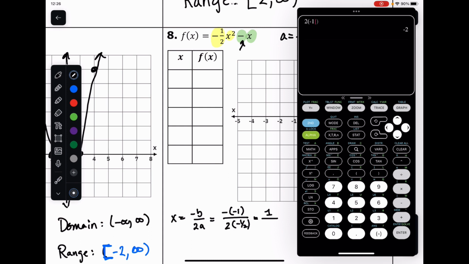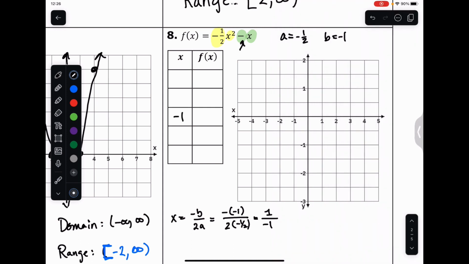And to put it over 2, we use the division symbol to get the fraction bar that's slanted over 2. And that equals negative 1. And positive 1 divided by negative 1 is negative 1. So that's the center of our parabola. So our center is going to be located right here. This is our axis of symmetry.